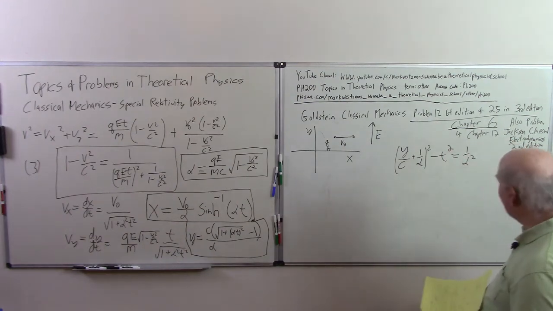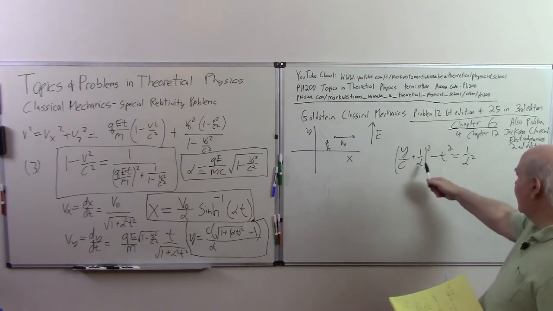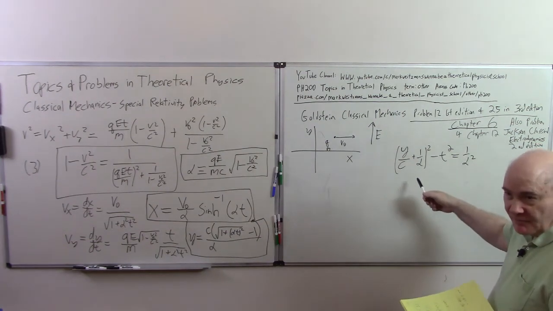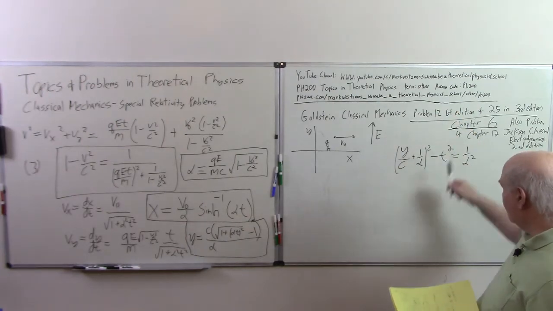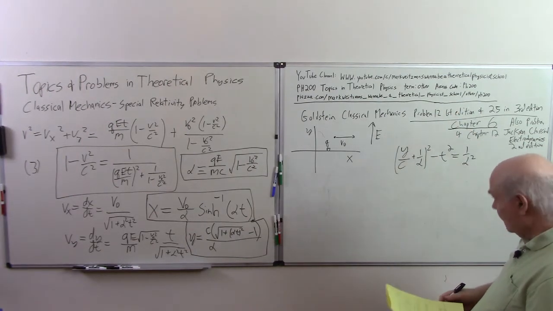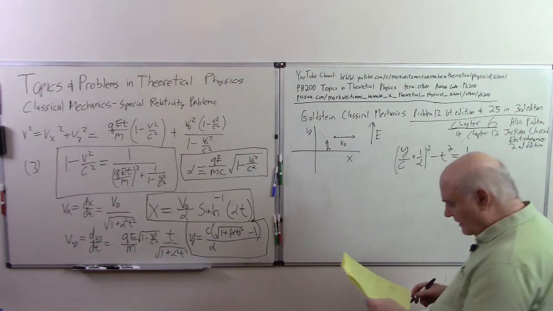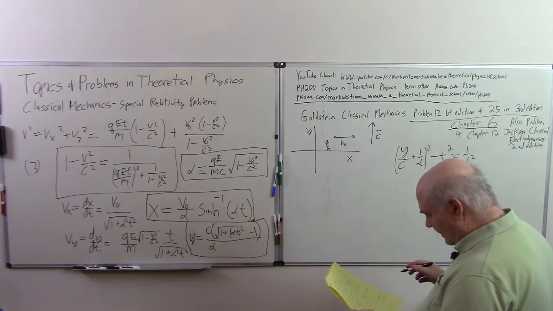So this is the type of equation you usually get when you have hyperbolic motion, a force in a constant direction in the yt plane. The x motion, on the other hand, is logarithmic.